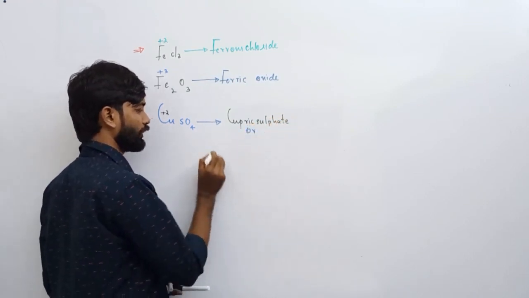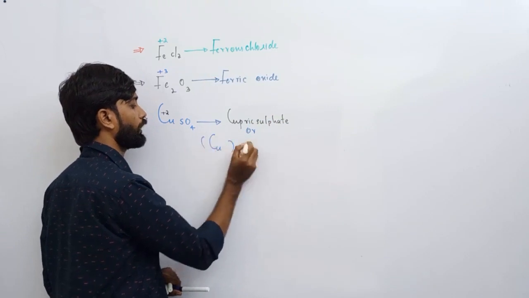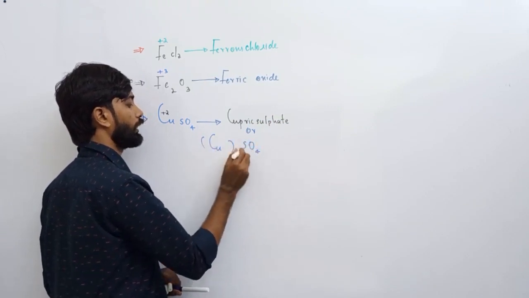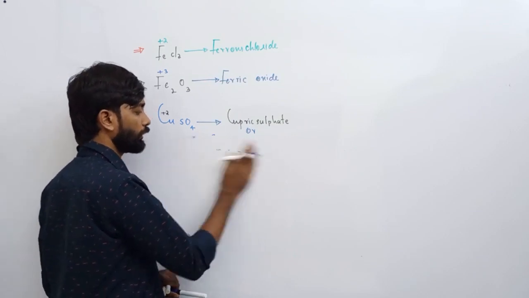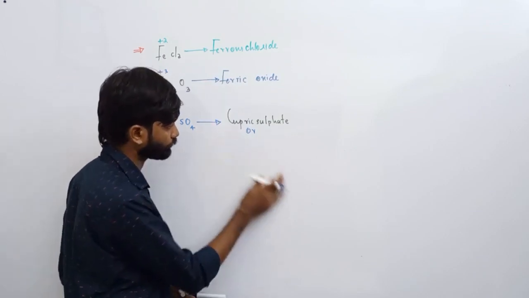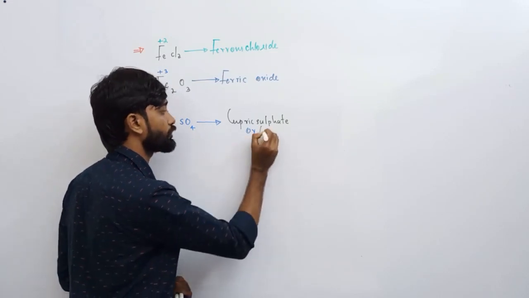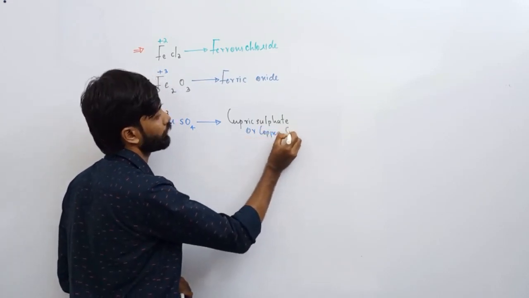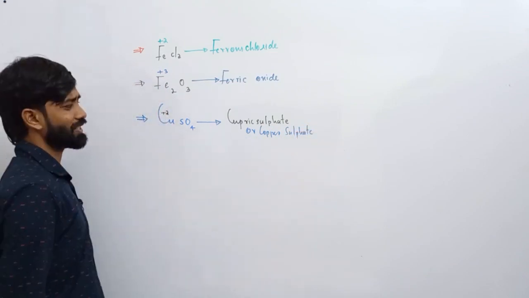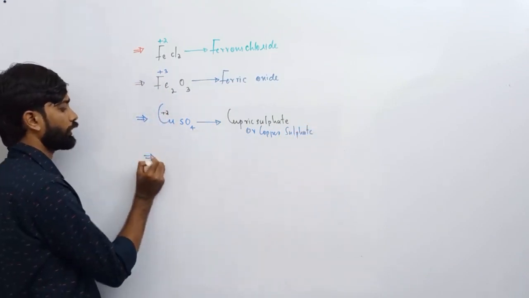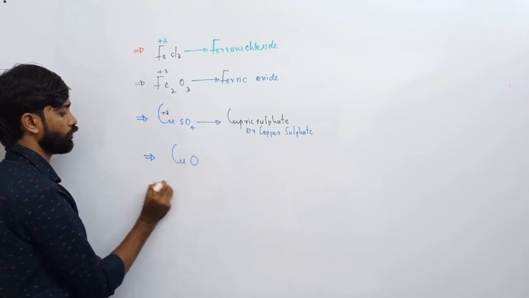And there is no cuprous sulfate, right? Cuprous sulfate, having a formula like this, does not exist in nature. So that's why it is otherwise said to be copper sulfate. No need of mentioning it as cupric. Copper is enough.